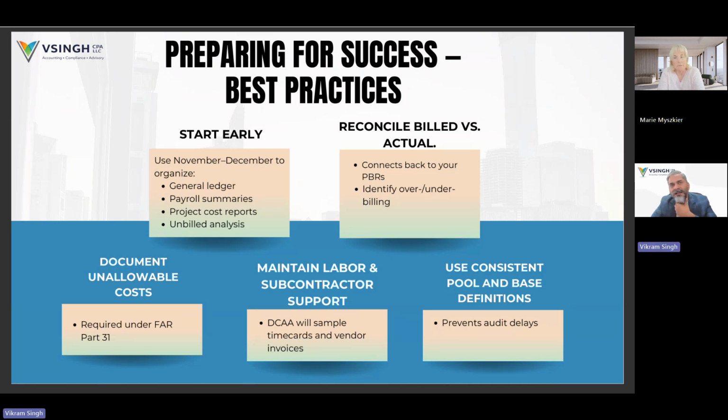I tell all my clients, look at your cash every day. Look at your AP on a weekly basis. Look at your payroll on your payroll schedule. If your payroll period is the 1st to the 15th and payroll is due on the 18th, you have to look at the timesheets and the frequency of when they're being processed.